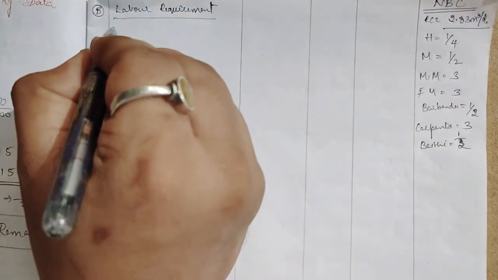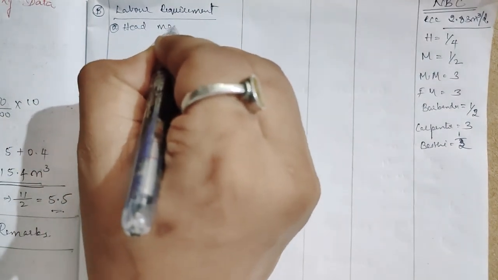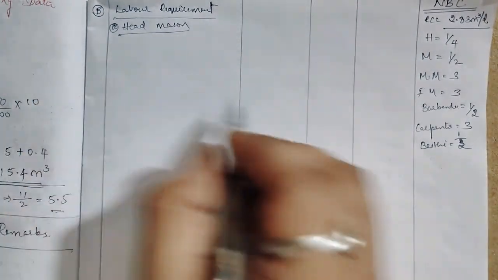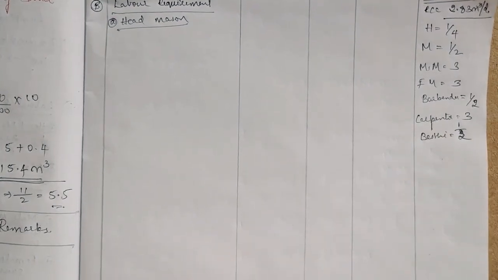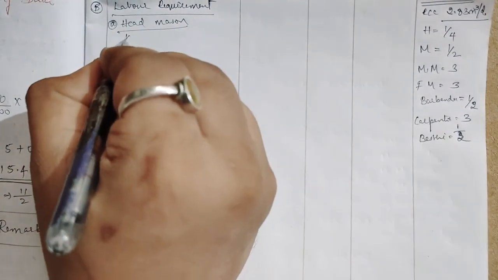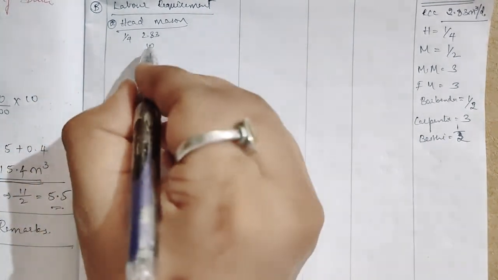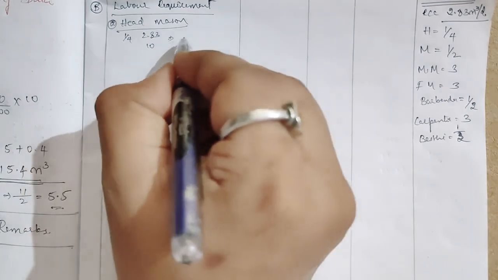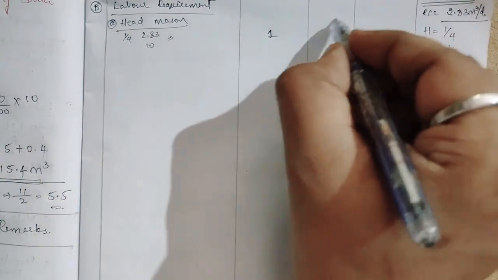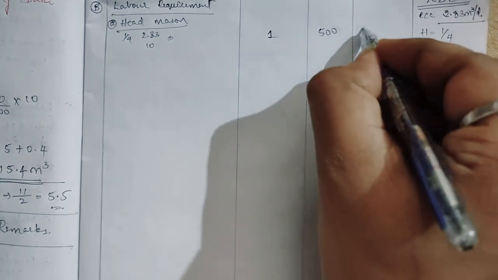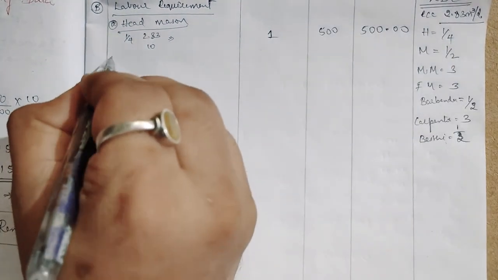Now what you have to do, we have to take head mason. So he is 1/4 for 2.83 meter cube of work. Our work is 10 meter cube, so 10 into 1/4 we will get 2.5. The cost is 500, so the amount will be 500 rupees.